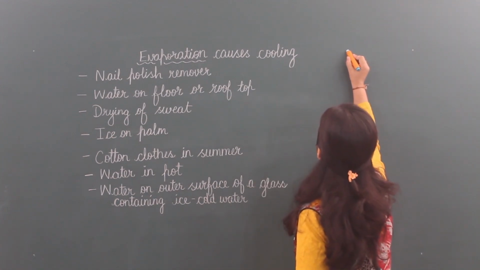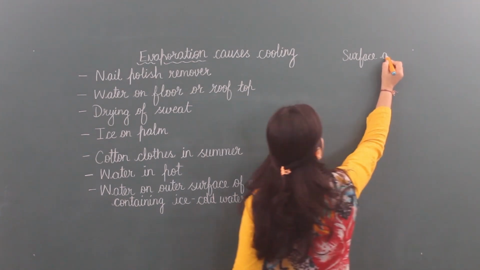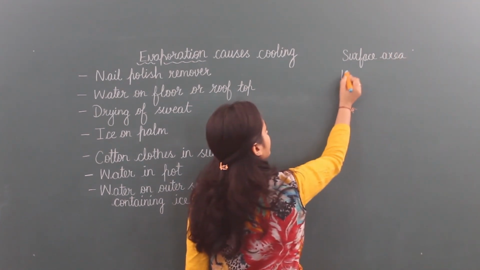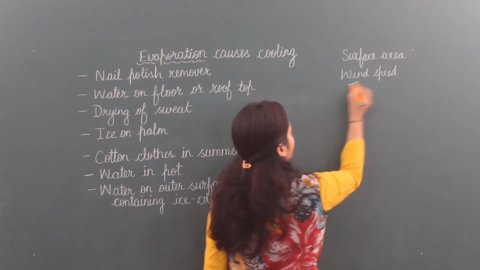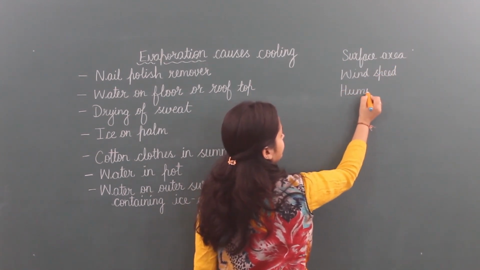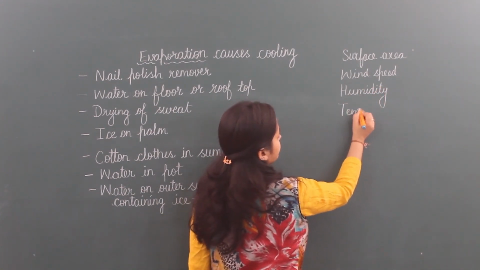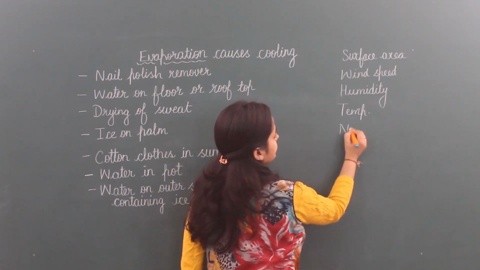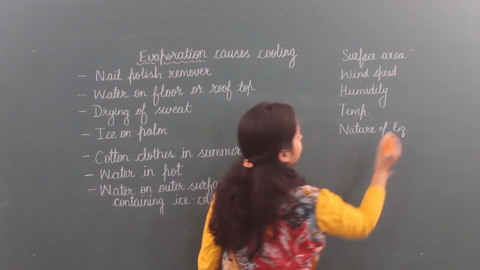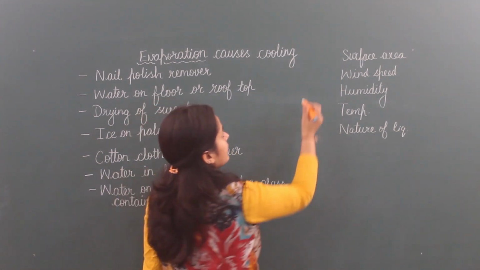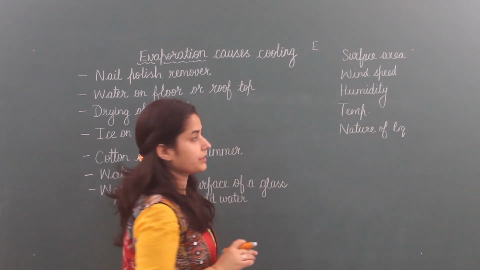In that we have done surface area, wind speed, humidity, temperature and nature of liquid. So, surface area, we are checking here the relation with evaporation.